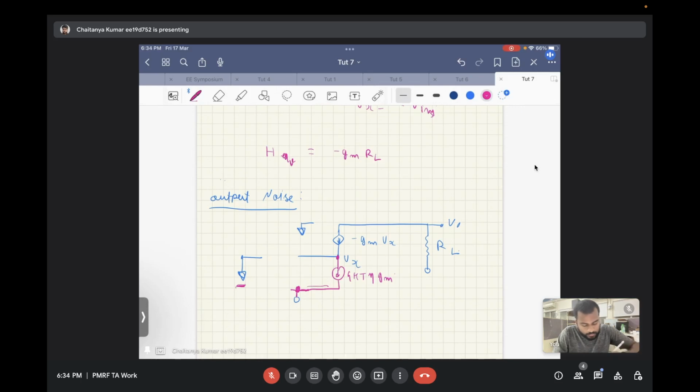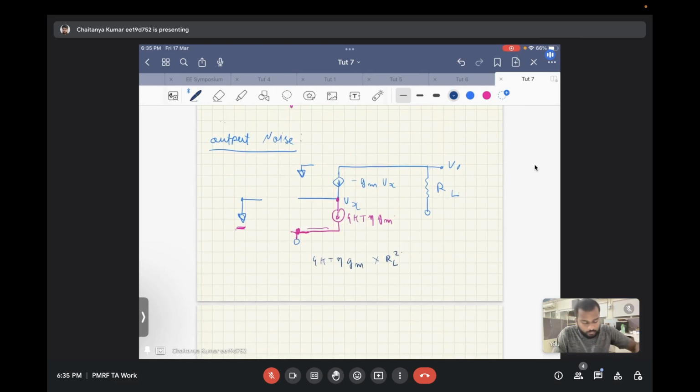Again, there will be no path for the current to flow elsewhere, so all the current will flow through the resistor itself. So the noise at the output due to this particular noise current source will be 4 kT eta times Gm into RL squared. Correct.